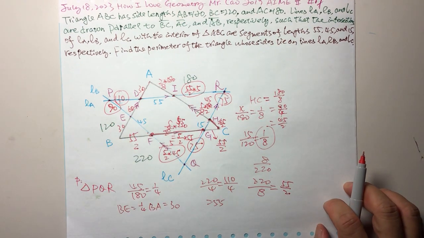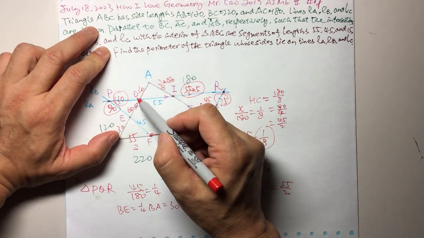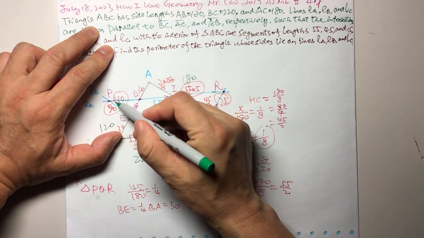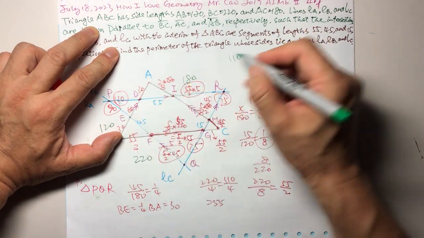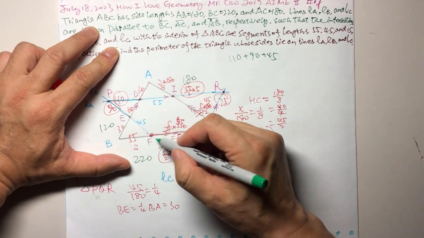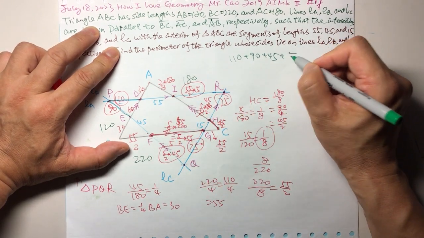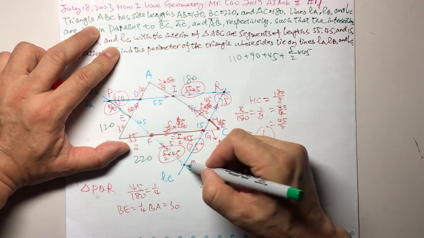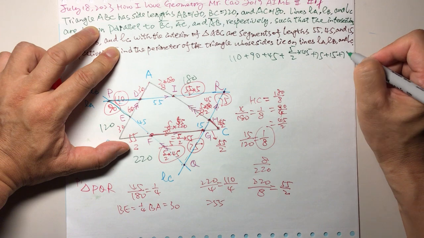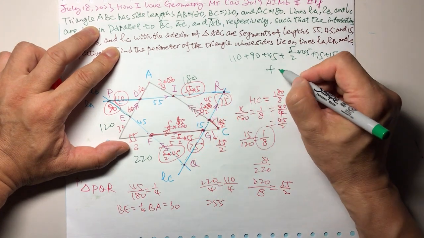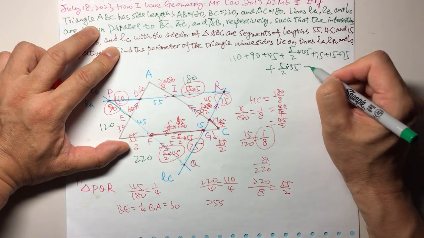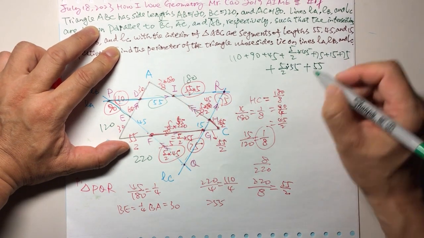So finally, we will find the perimeter. We add 110, plus 90, plus 45, plus 2/5 times 45, plus 75, plus 15, plus another 75, plus 2/5 times 55, and finally plus 55.